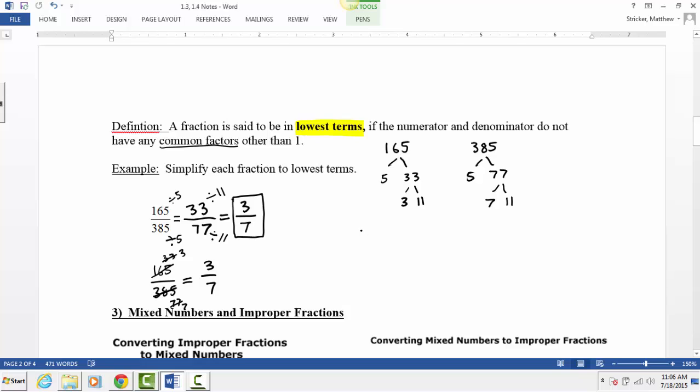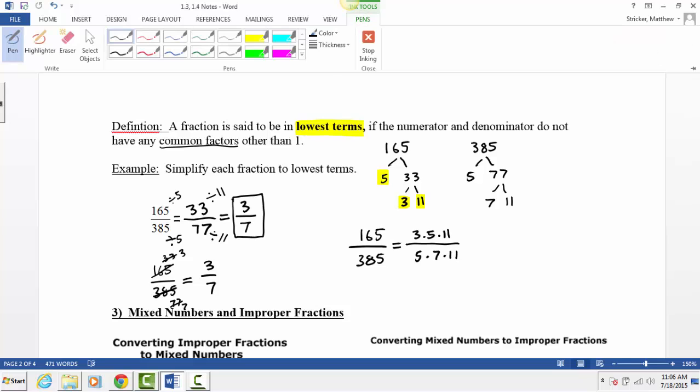So my fraction, 165 over 385, could be rewritten where the top number is in its prime factorization: 3 times 5 times 11. And then we do the same thing for the bottom, which is 5 times 7 times 11.